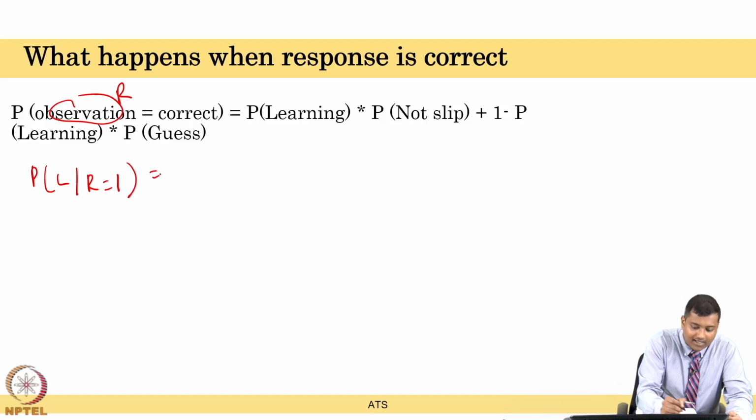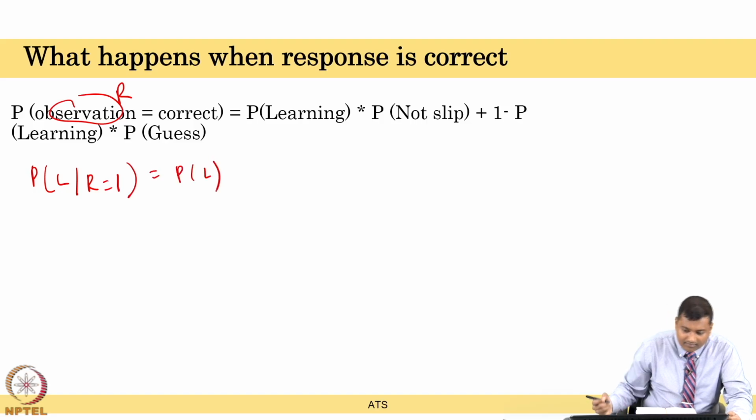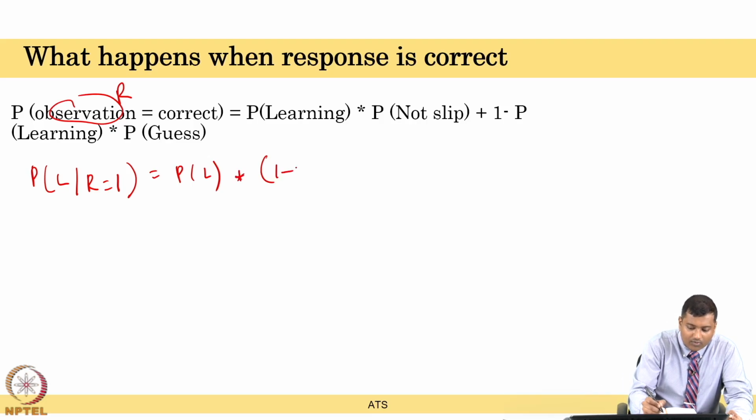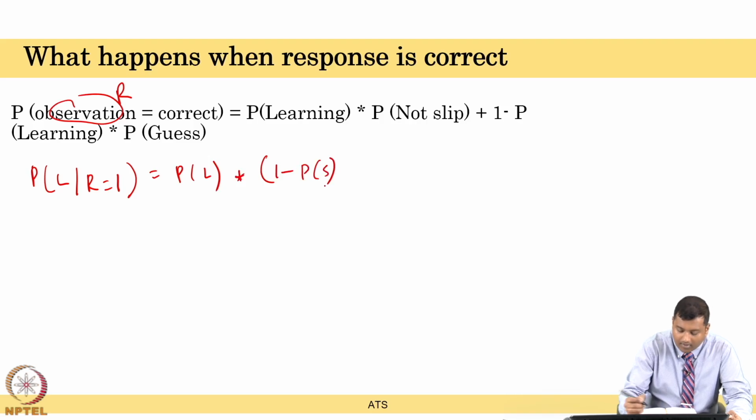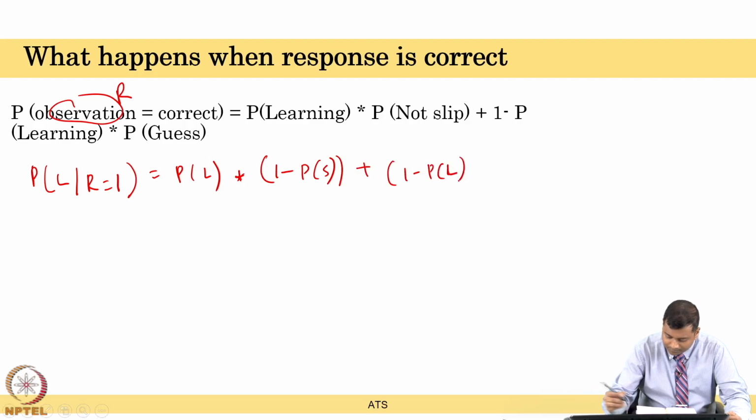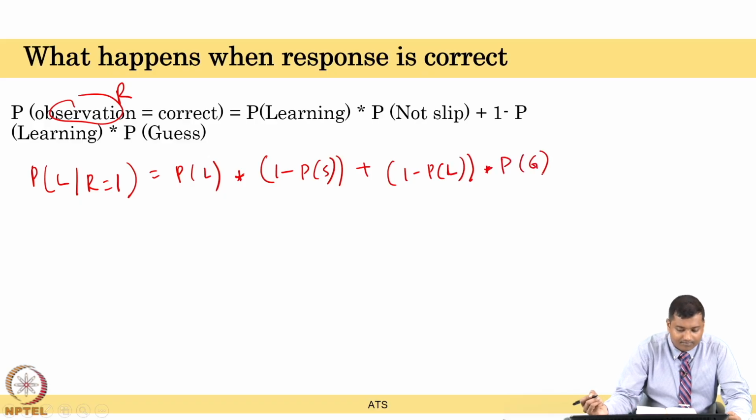So it says it is P of learning times P of not slip. So this can be written as 1 minus probability of slip plus 1 minus P of learning times P of guess.